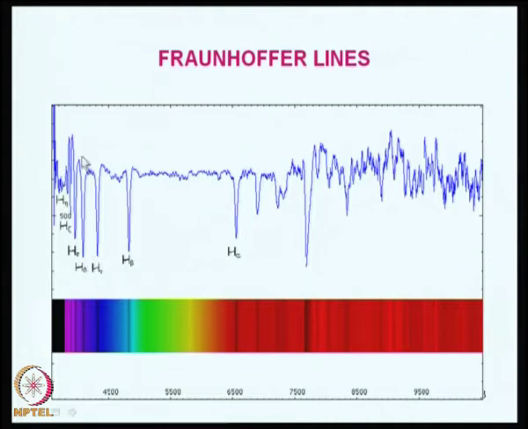Here we have a number of spectra, and these spectra correspond to the dark lines which are matched by the different kinds of elements. So, this is a very interesting observation which correlates the atomic absorption to the elements present in the sun.